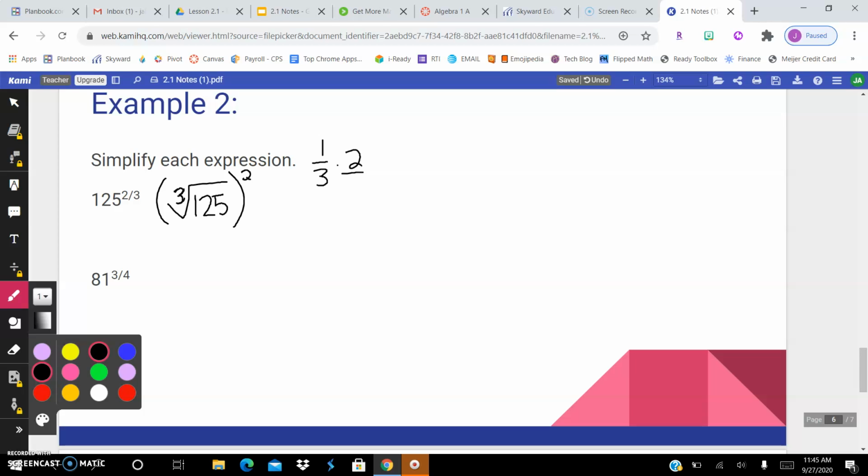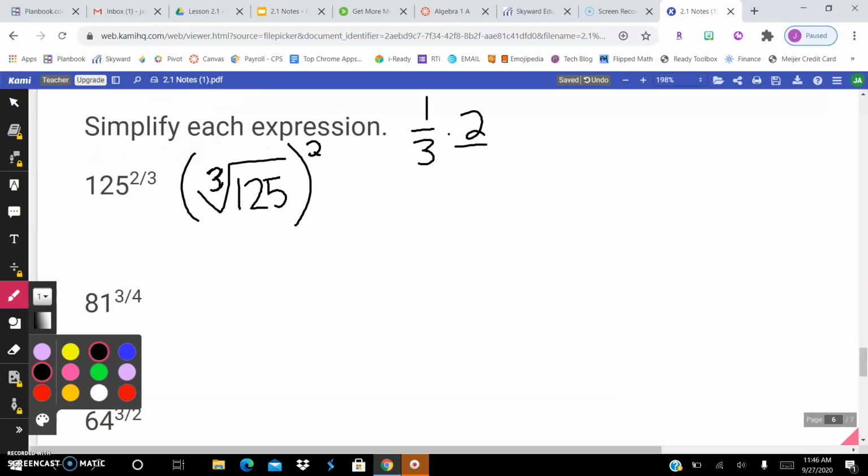The cube root of 125 is actually 5. It's 5 times 5 is 25 times another 5 is 125. So 5, and then we have that other exponent outside of 2, so squared. 5 squared is really 25. So the answer to the problem 125 to the 2/3 power is 25.